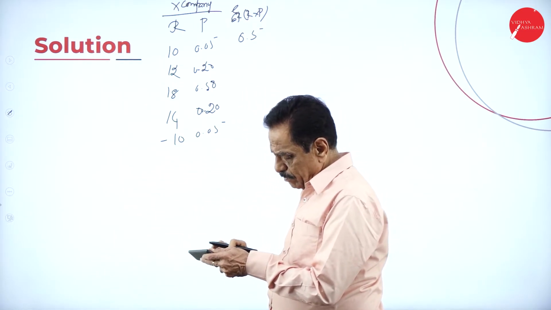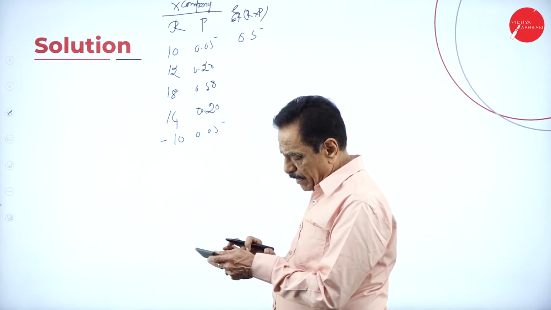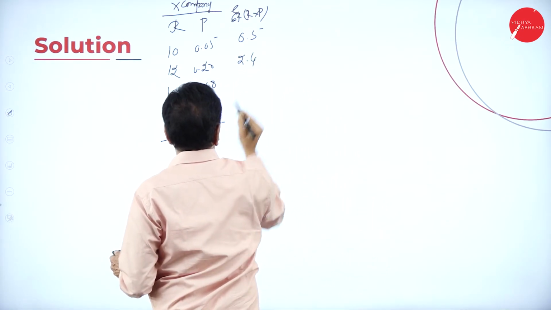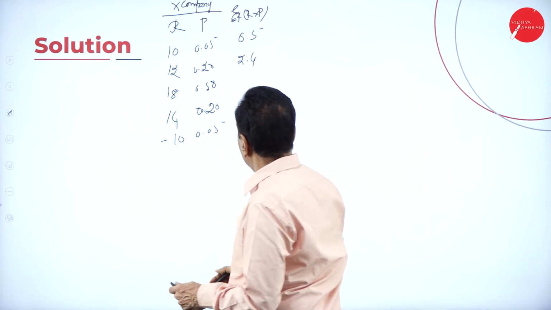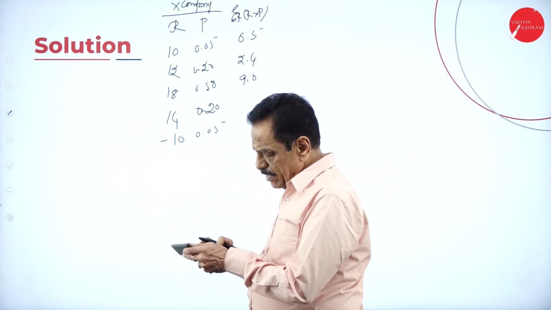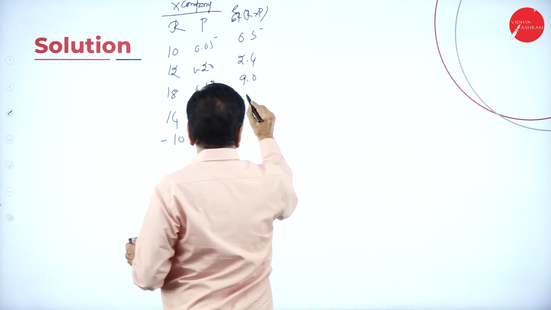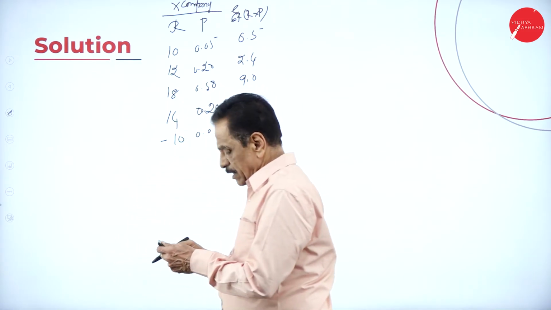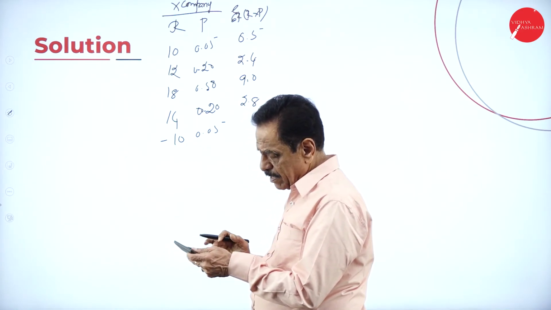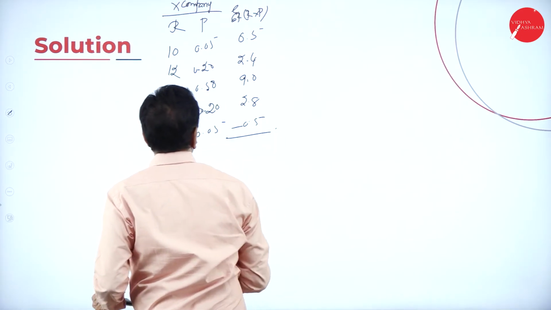12 into 0.20, 2.4. 18 into 0.5 is 9. 14 into 0.20, 2.8. 10 into 0.05 minus 0.5.